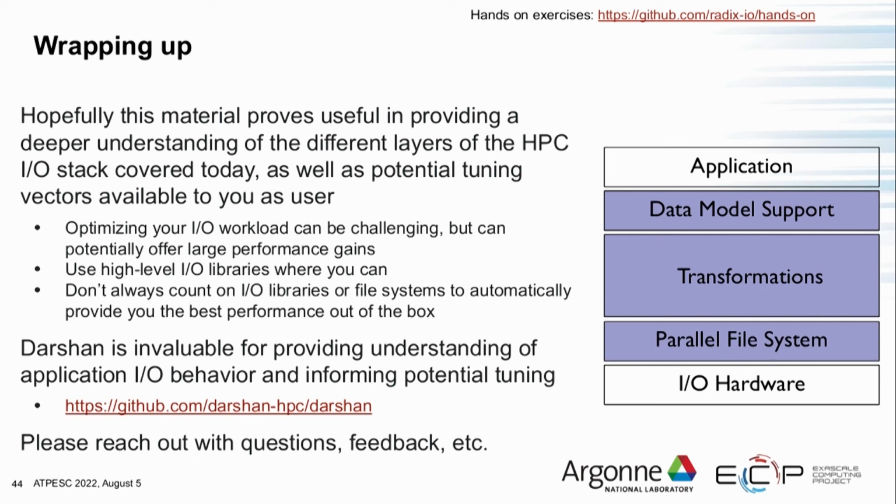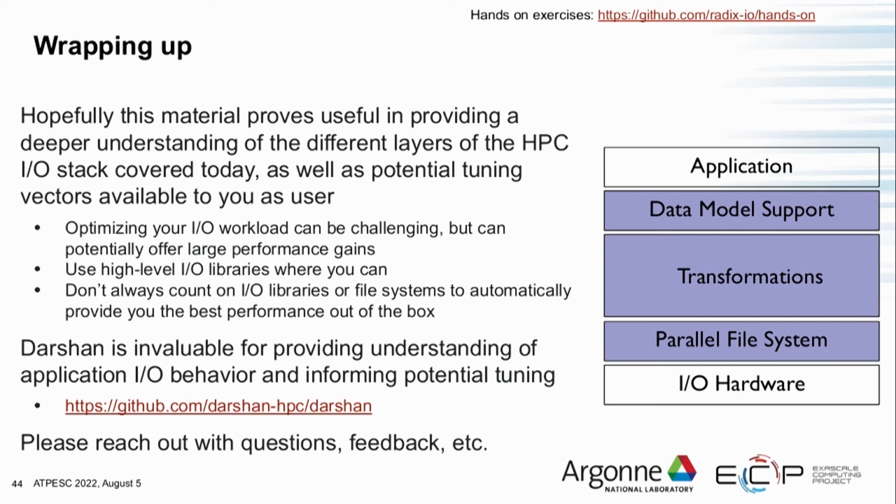So some of the high-level takeaways that I hope you'll take away is that optimizing your workloads can be challenging, but as we've demonstrated here, you can get pretty big performance gains just by looking beyond defaults and things like that. Use high-level I/O libraries where you can. I don't know if we mentioned that today, but that's pretty useful.